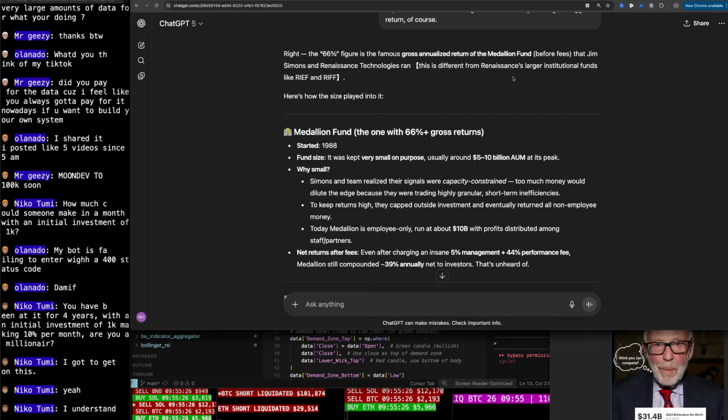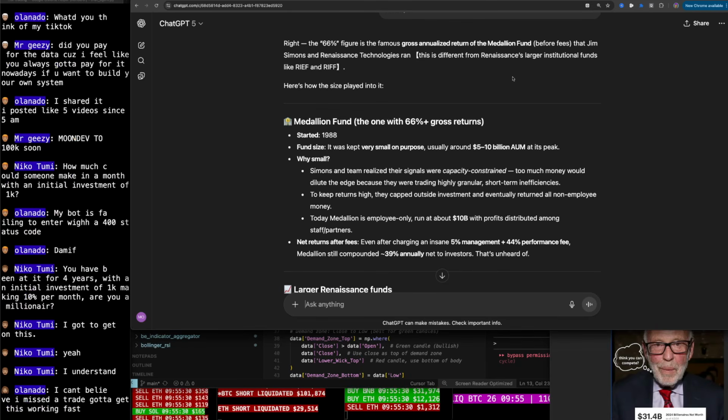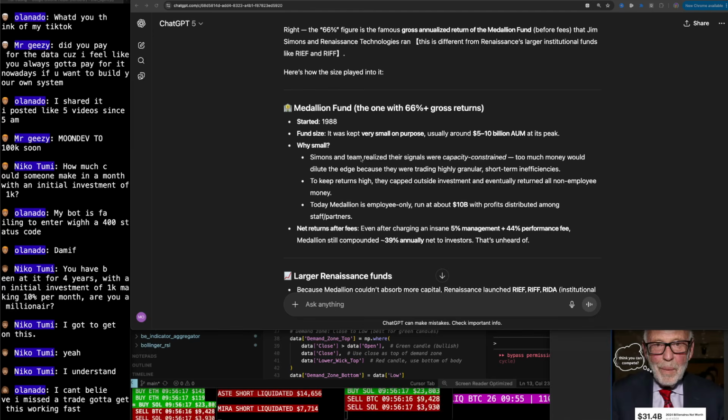This is different than Renaissance's larger institutional funds like RIEF and RIDA. It started in 1988, very small on purpose, around 5 to 10 billion. That's small, dude.